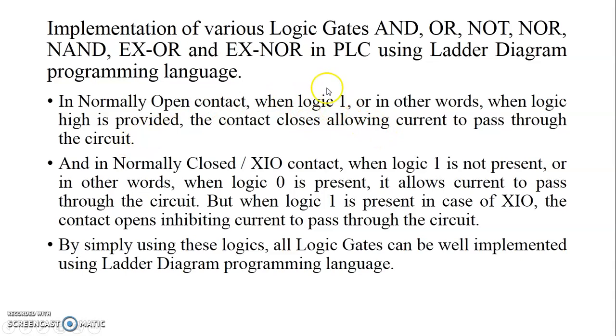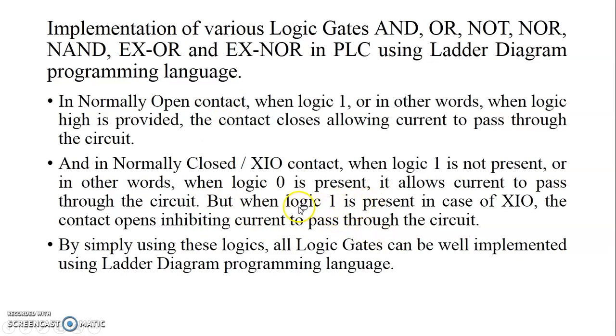This is very important. In a normally closed contact, when you apply a logic 0, it allows the current to pass through. These 2 points will help you while drawing the ladder diagram.